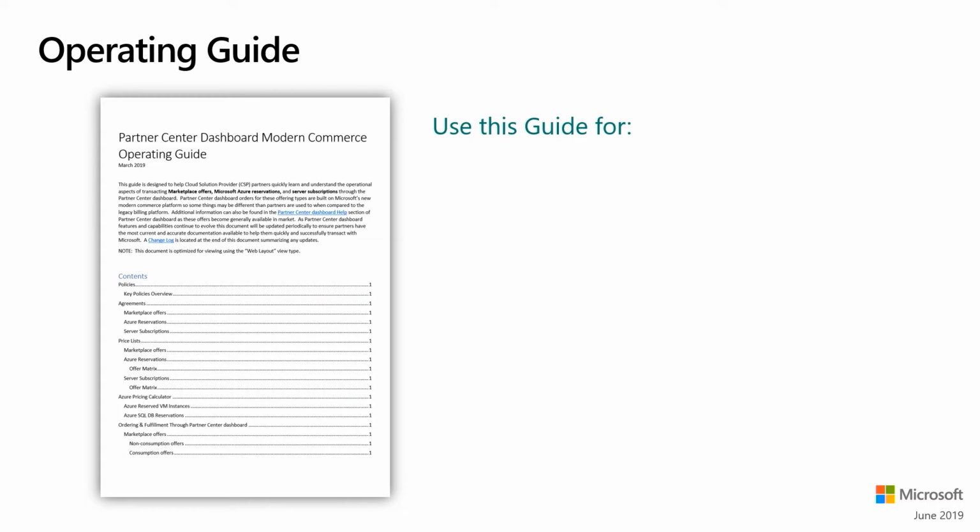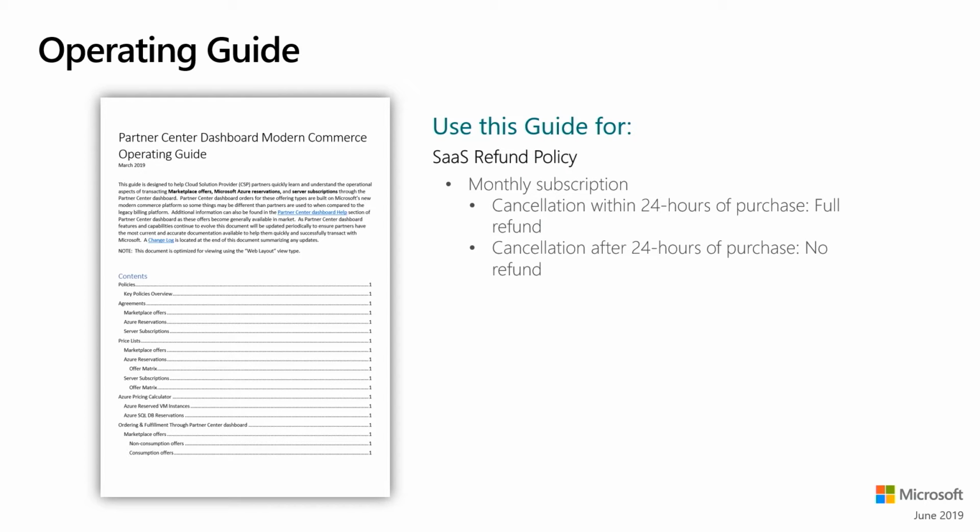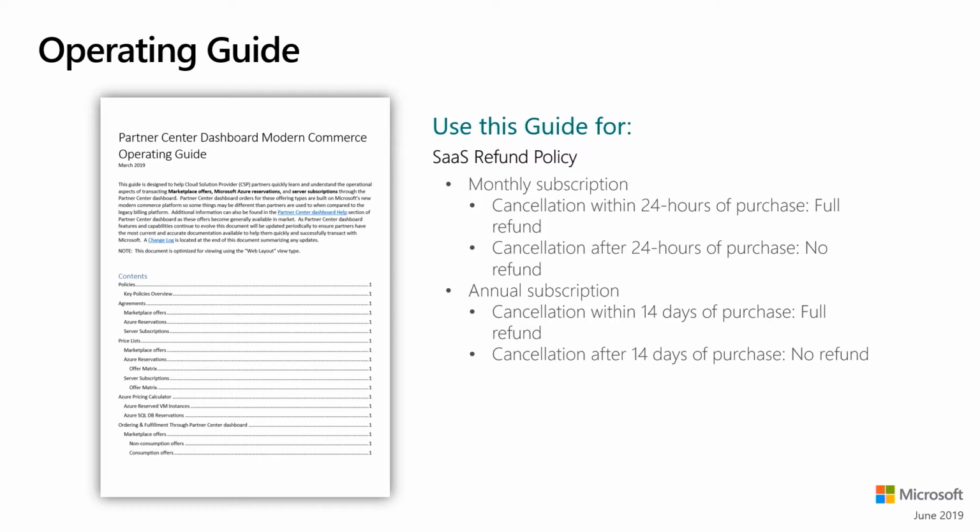Anyway, this operations guide is jolly useful for things like refunds, because you're selling third-party solutions here. So a SaaS refund, remember this is the user licenses. Well, you can see if they're monthly subscriptions, lovely. If they're annual subscriptions, fine.